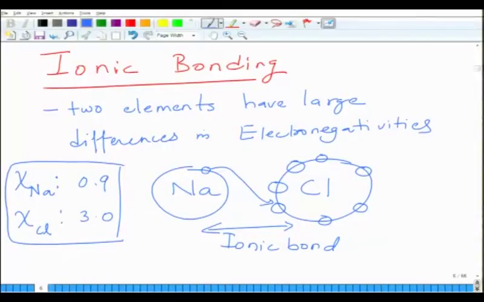Other examples of these materials are magnesium oxide, which is an ionically bonded solid, calcium fluoride, cesium chloride, calcium oxide, a variety of these materials. They are all ionically bonded materials, and that is why they tend to have high strength and high melting point.